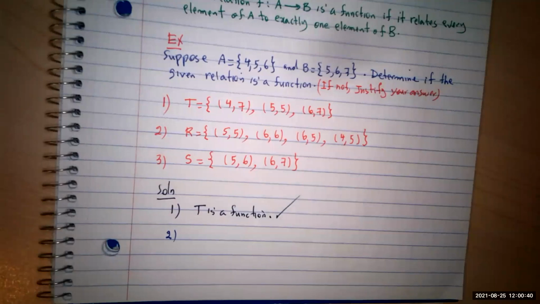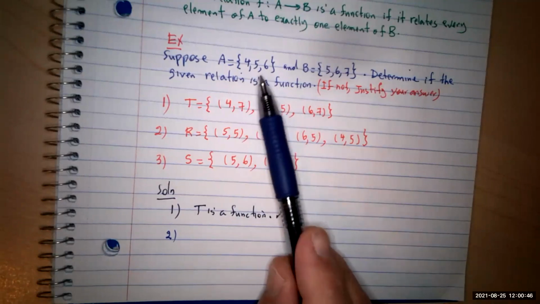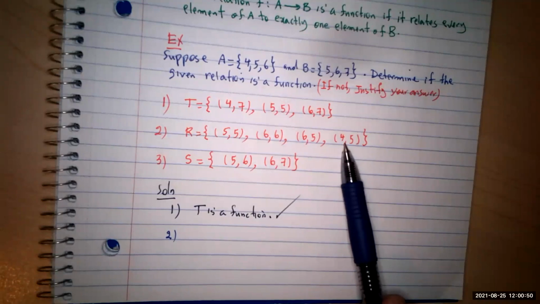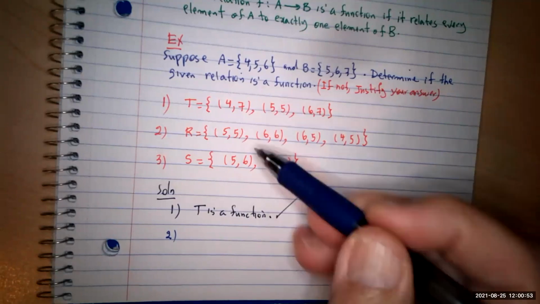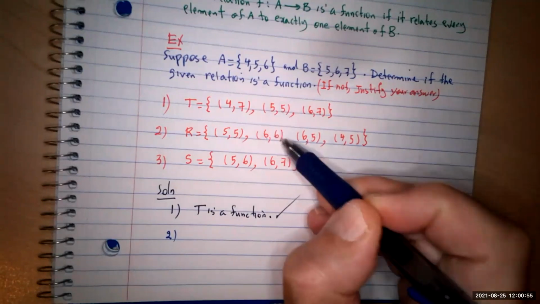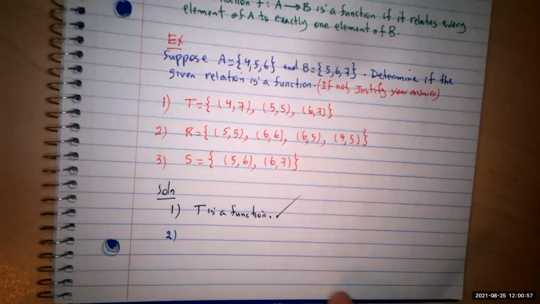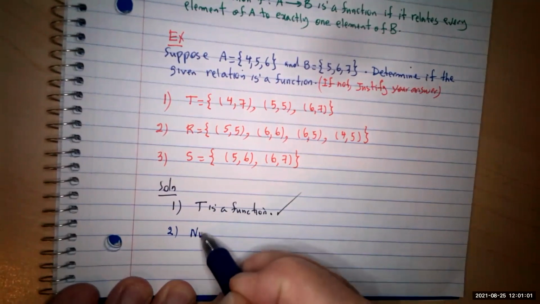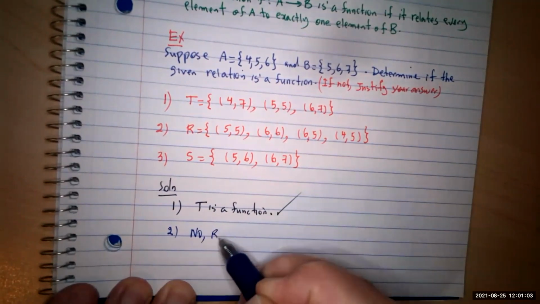No, because the 6 is shared. No, because there is a sharing. You see, the first condition is satisfied: we have 4, 5, and 6. But there is a sharing here. They share the first component. So this is the way you're going to answer it: no, it's not a function.